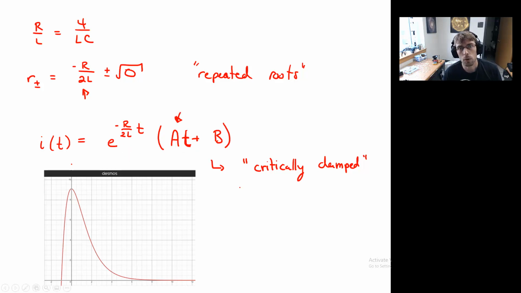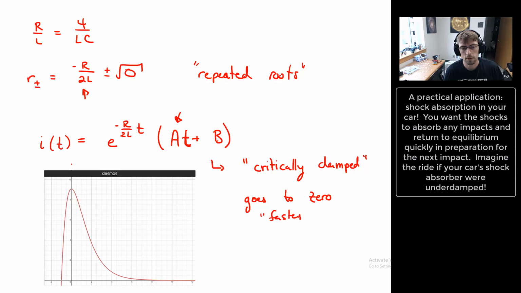One of the other cool things about the critically damped case is that it gets to 0 the fastest. I won't prove that, but I'll put fastest. You could see for the underdamped situation, it goes through 0, but it doesn't settle down.